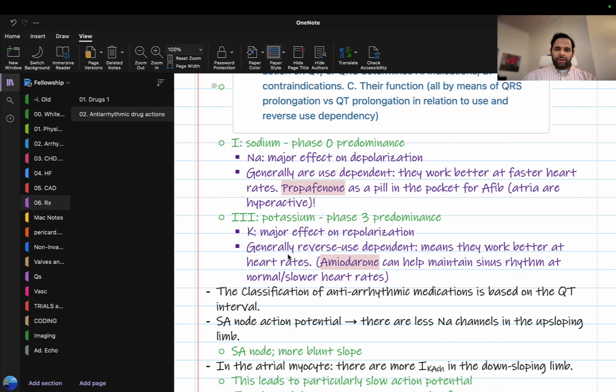Because AFib actually is atria at very fast rates, we're talking about 250s or more. You organize it to atrial flutter, it comes down to 150 to 180, 200. It really isn't that big of a deal. It's still going to be fast. It's still going to act well because the channels are still being used very robustly. So there is a good use dependence.